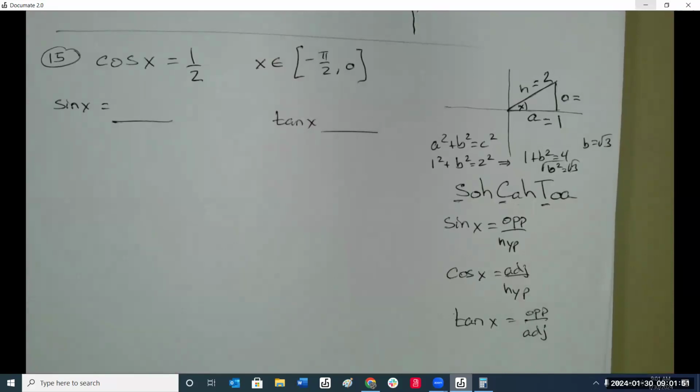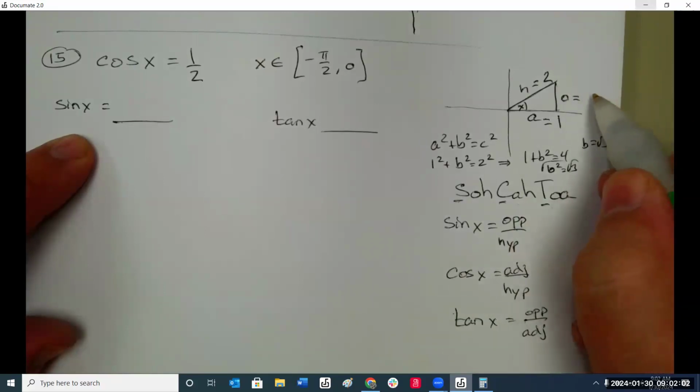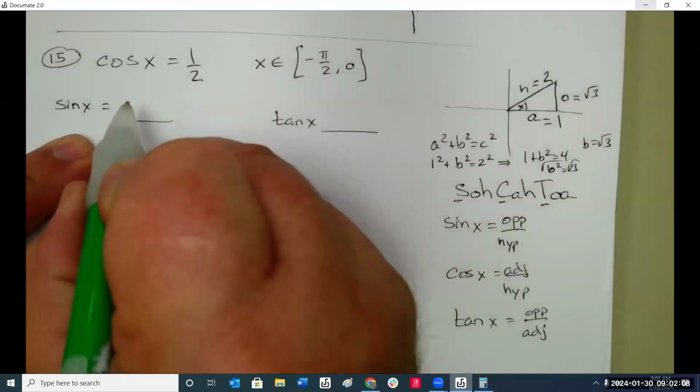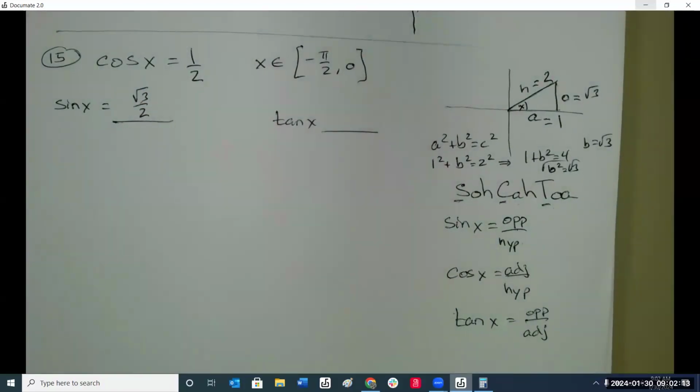B equals square root of 3. So the sine is opposite over hypotenuse. Square root of 3 over 2. Now, is that correct?